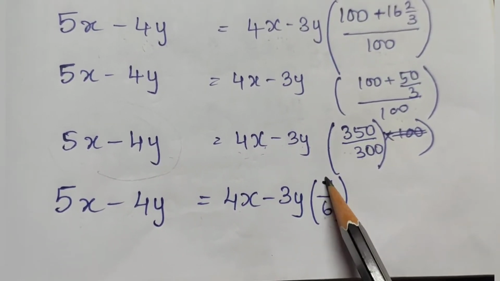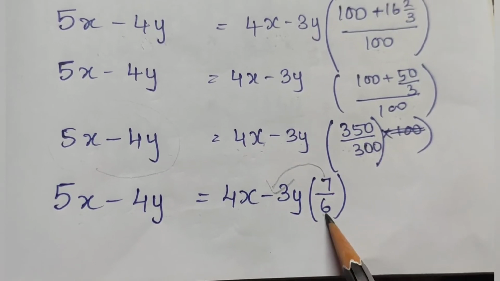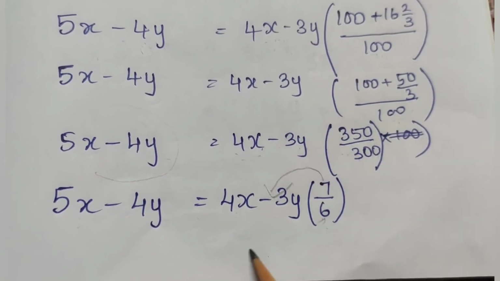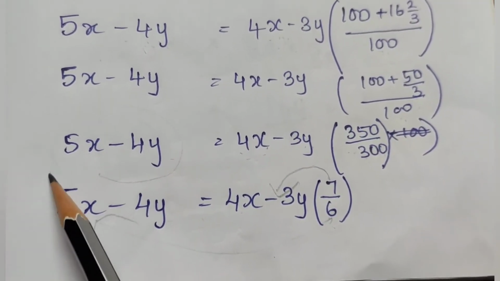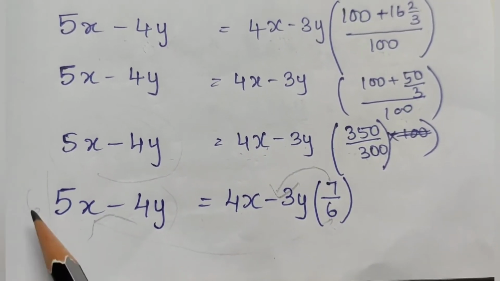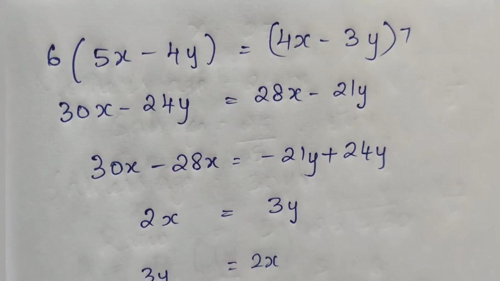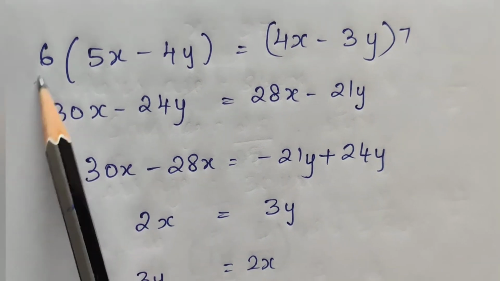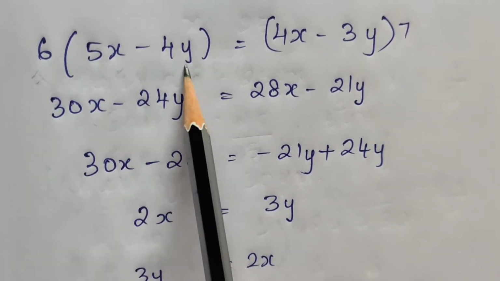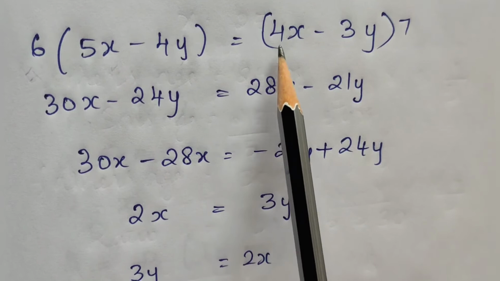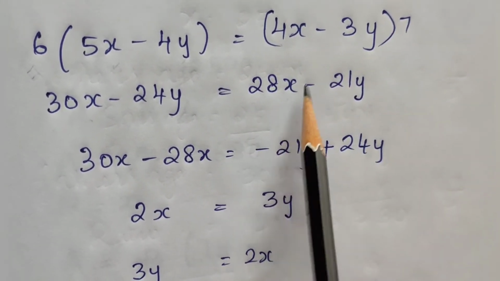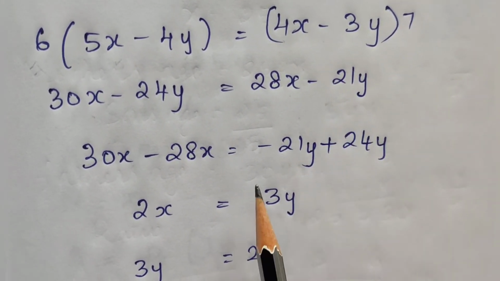7 by 6, I multiply 7 with this equation and I take 6 as denominator. When 6 is transported to this side, it becomes multiplication. So 6 into 5x is 30x, 6 into minus 4y is minus 24y. 4x into 7 is 28x, minus 3y into 7 is 21y.